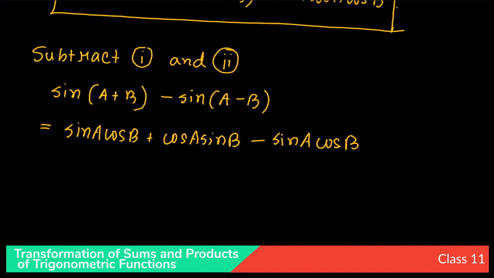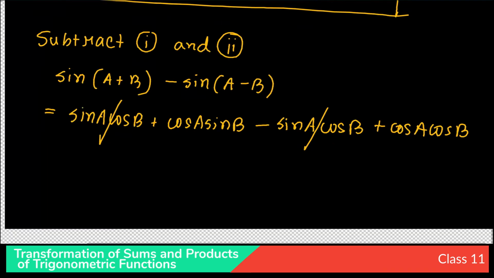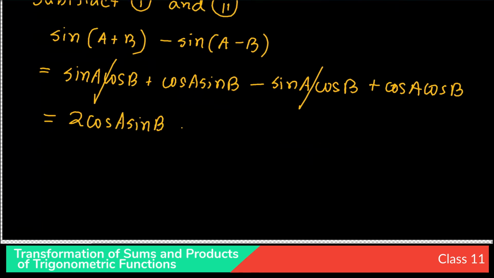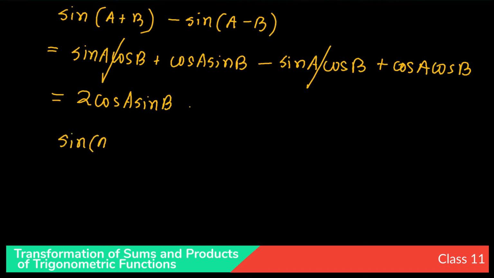So minus sine A cos B and minus cos A sin B will become plus cos A sin B. Now you can see that sine A cos B and minus sine A cos B get cancelled, and it is only 2 cos A sin B. So we have got another formula: sine of A plus B minus sine of A minus B is 2 cos A sin B.